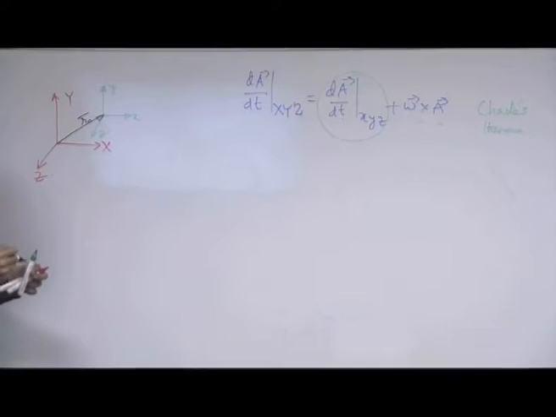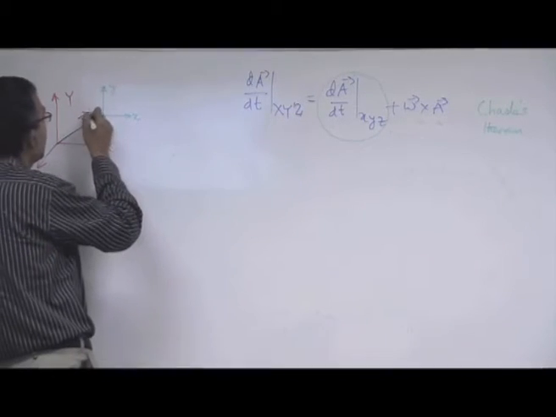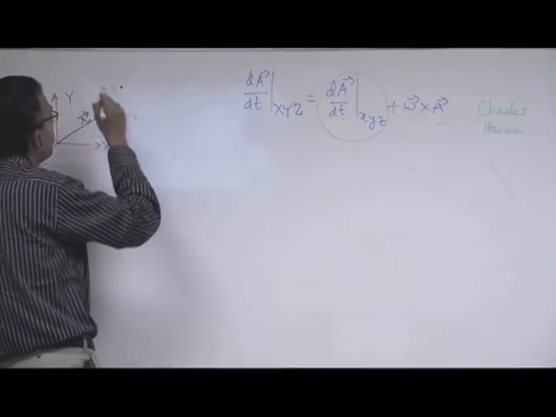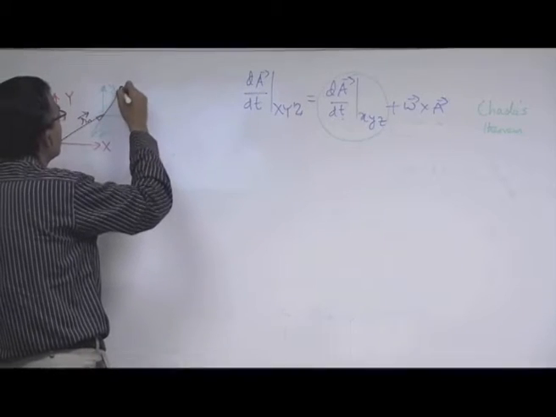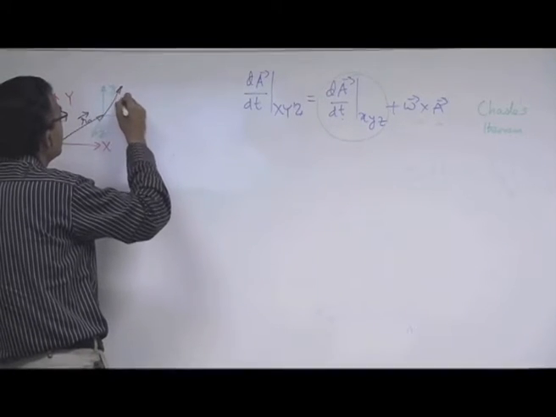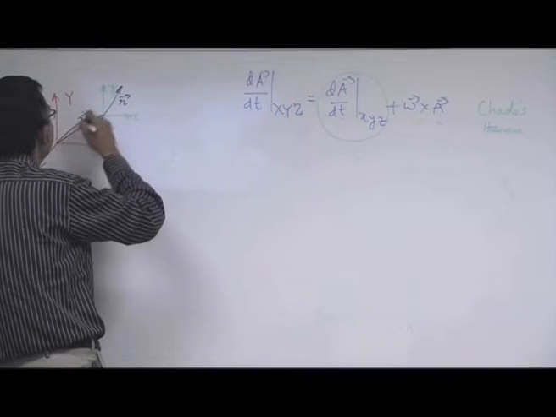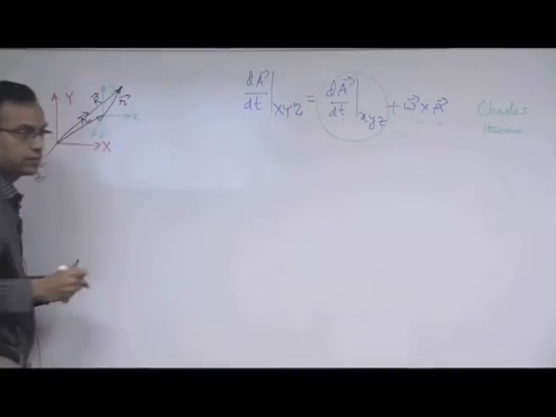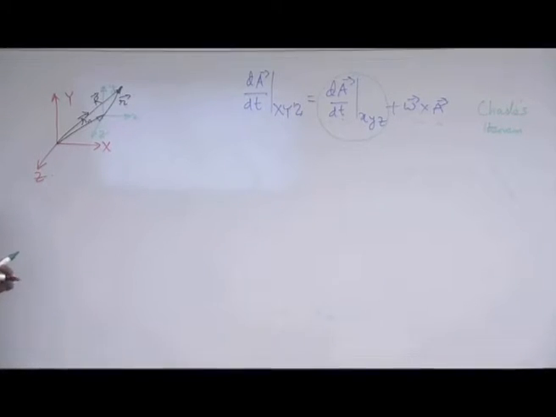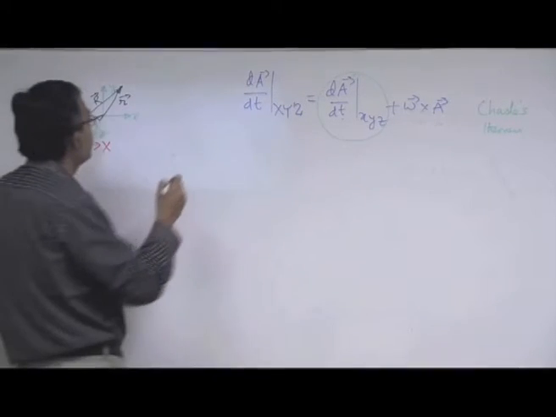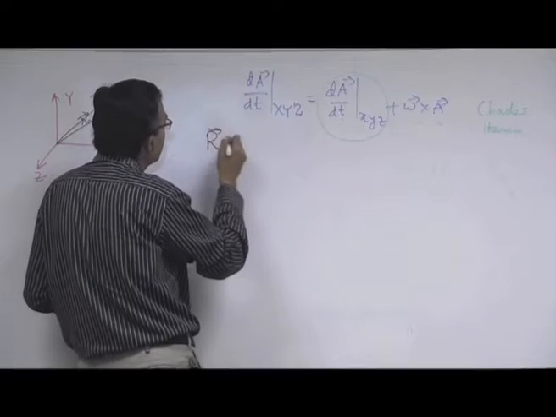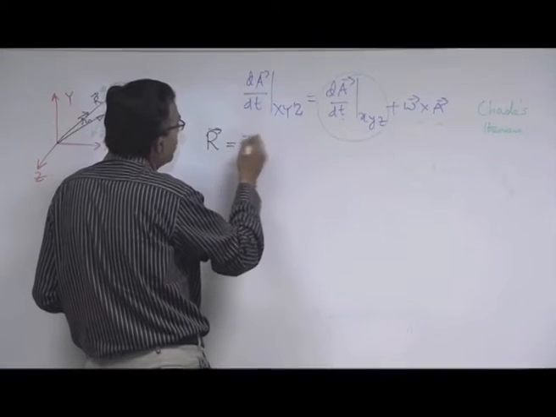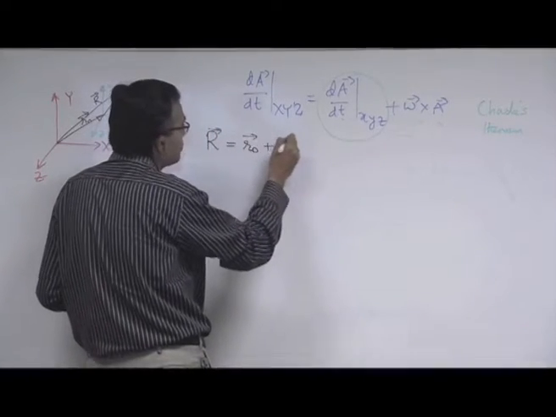Let us say this is R0. Consider a point on small xyz, which is r, and the resultant of this is capital R. So we can write capital R is equal to R0 plus small r.